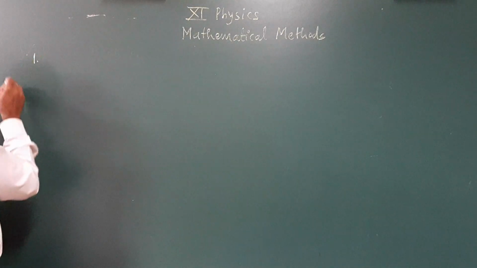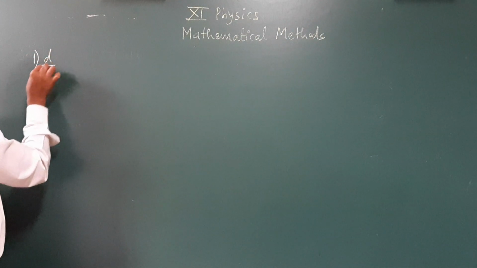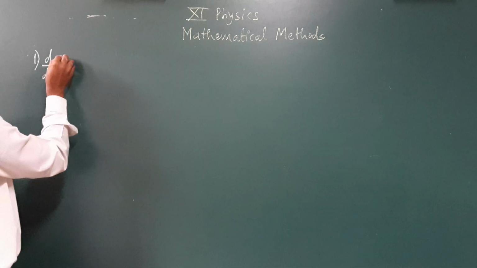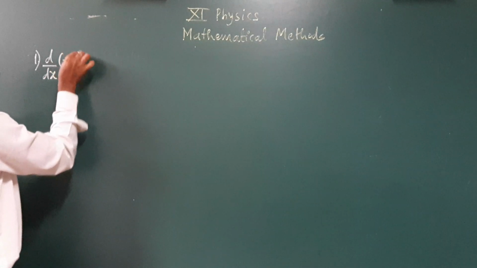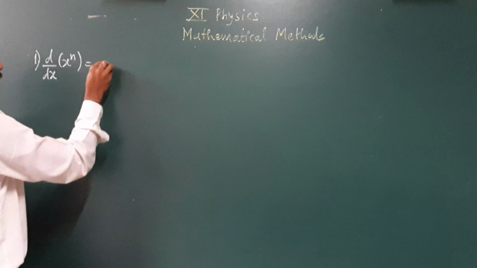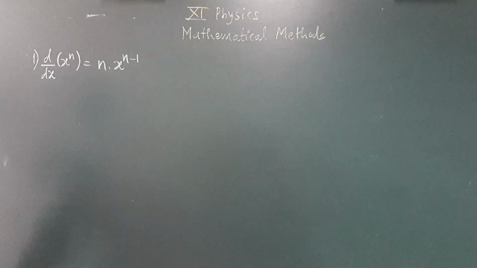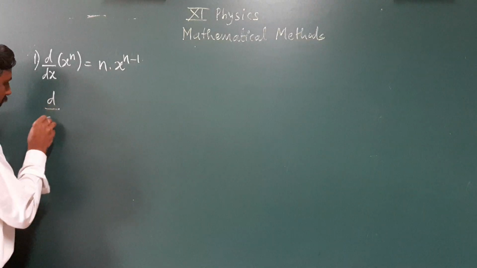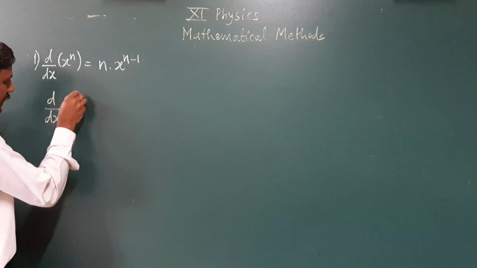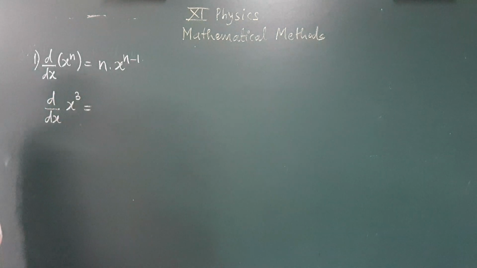The first rule of derivative: d by dx of x raised to n equals n into x raised to n minus 1. I am taking one example. d by dx of x cubed. How do you solve this?